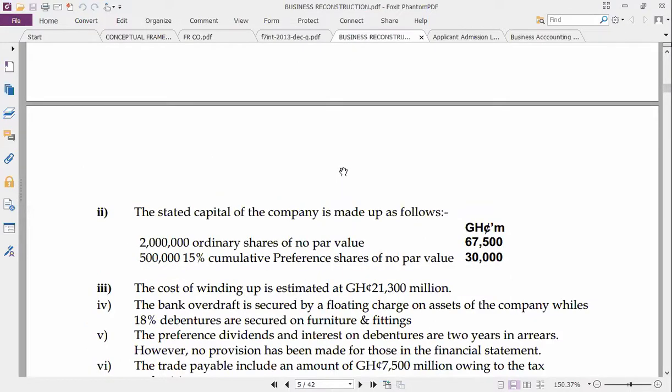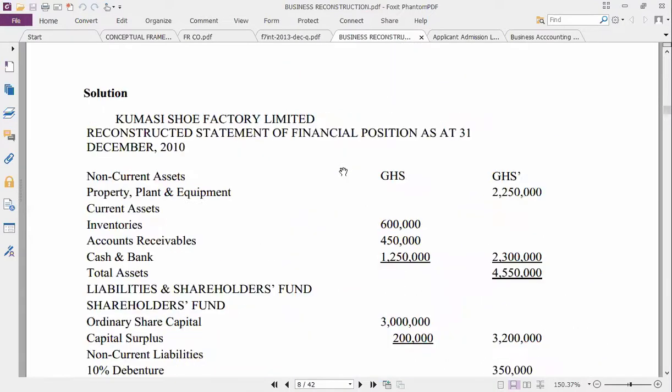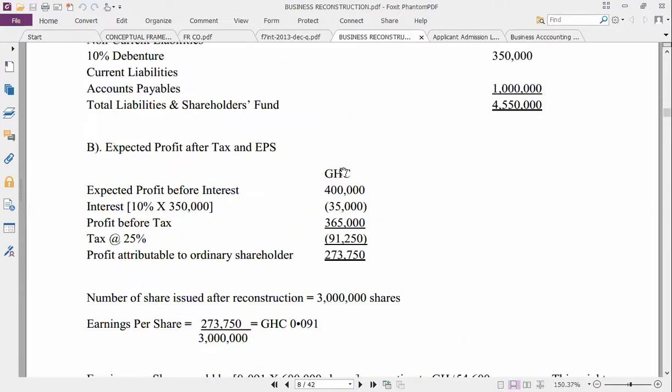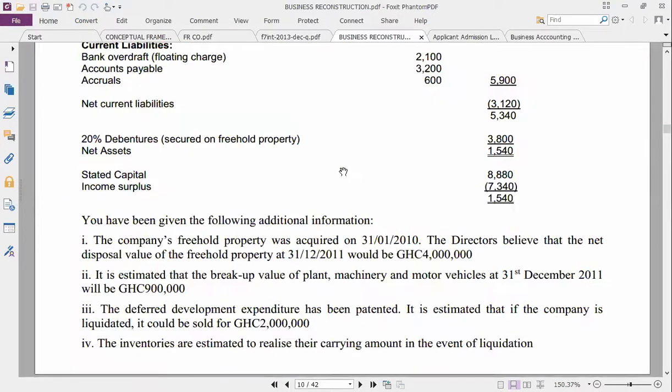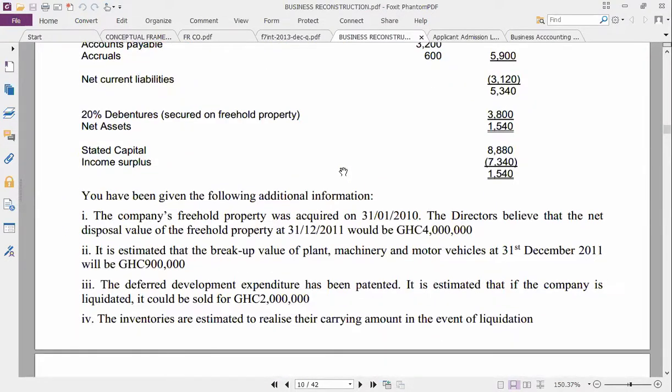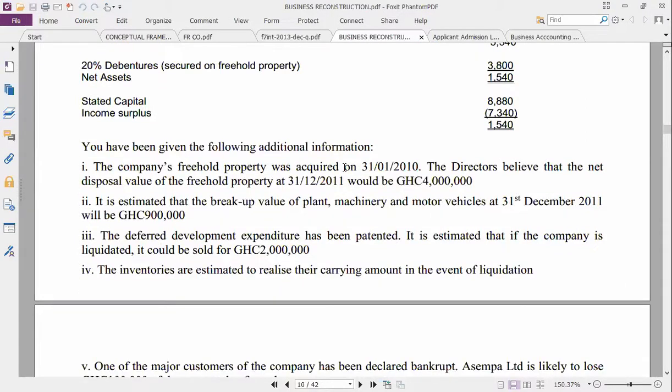Now let's continue our question. So it means that over here, we don't have fair value, number two, we don't have the value in use.